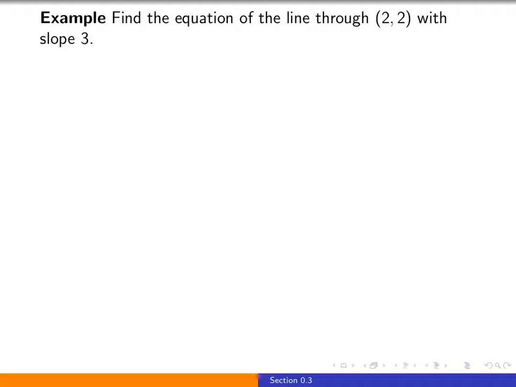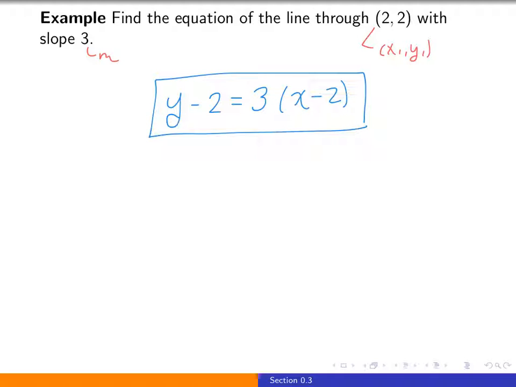And to make the comparison, we're thinking of the point here as being the (x1, y1), and the 3 as being our m. So the equation of our line is going to be y minus y1 equals the slope times (x minus x1). And this would be the equation of the line in point-slope form.